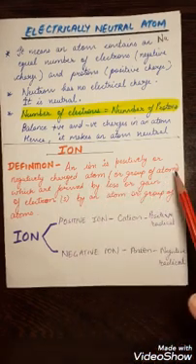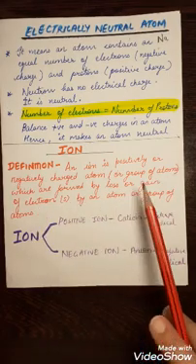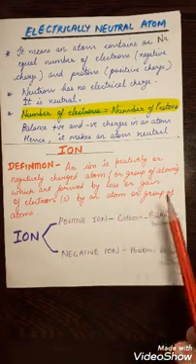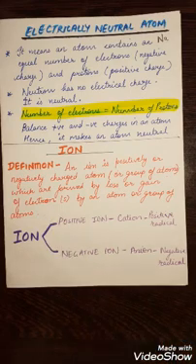Or it can be the group of atoms which are formed by the loss or the gain of the electron or the electrons by an atom or group of the atoms. So we can say an ion is an atom which carries a charge on it, either a positive charge or a negative charge.